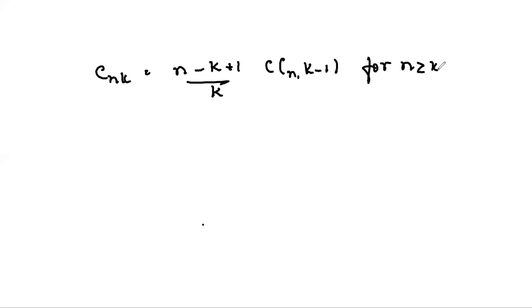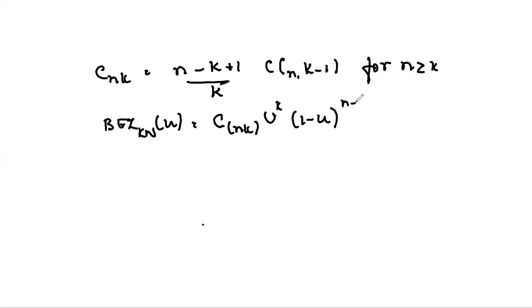The Bezier blending function also satisfies a recursive relationship. If we recollect the blending function, it is written as Bez k,n of u, which is C of n,k u to the power of k into (1 minus u) to the power of n minus k. This was our blending function.